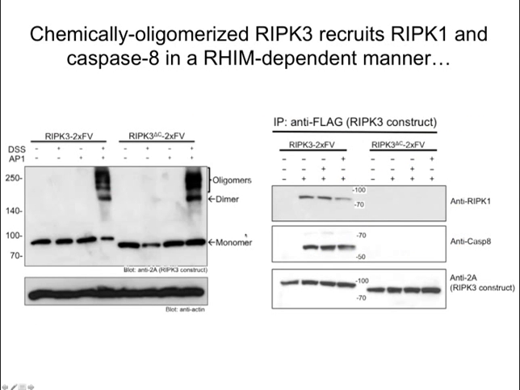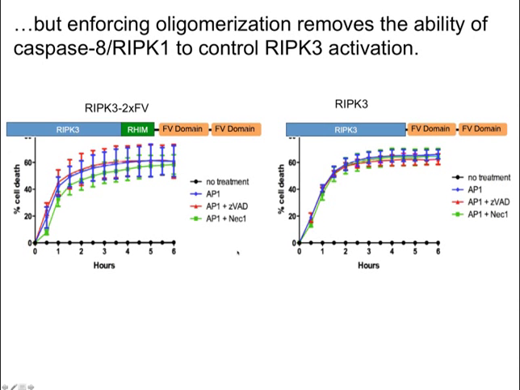And we can show this very nicely by detecting these oligomers directly. So this is a Western blot following cross-linking. We can see the formation of these oligomers. RIP3 can still interact with RIP1 and caspase-8. So these oligomers that we're forming are still recruiting RIP1 and caspase-8. But interestingly, now those oligomers are no longer controlled by RIP1 or caspase-8.